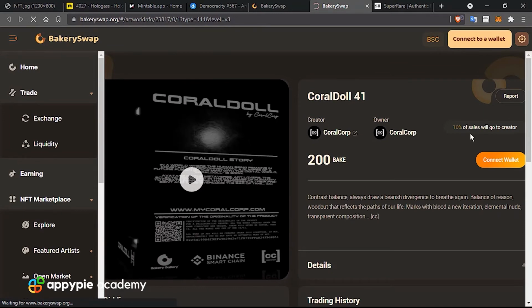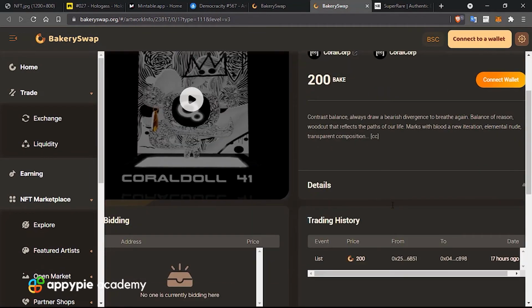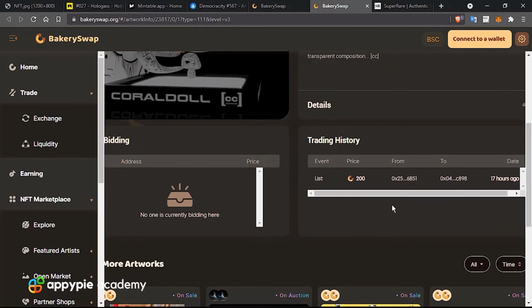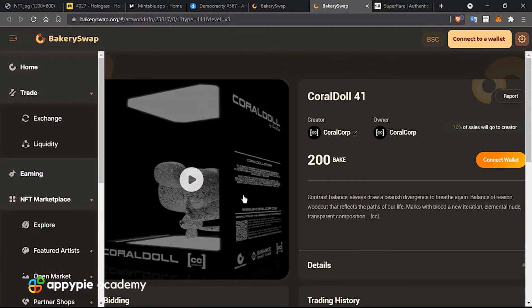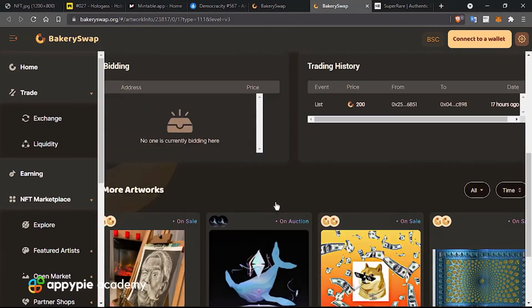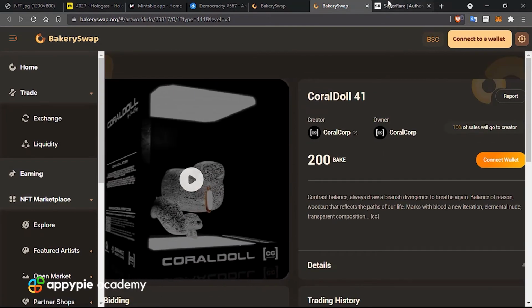So this is the royalty. Once you connect your wallet, you can definitely buy. You can see the trading history, bidding price, and more about this seller as well. Just click here and you can see more. So that was all about BakerySwap.